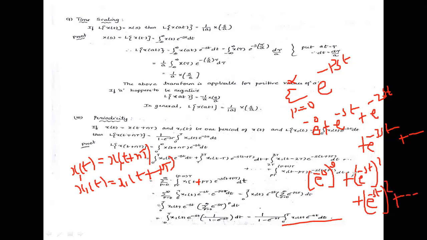So a power 0, a power 1, a power 2 and so on gives 1 by 1 minus a. What is the a here?